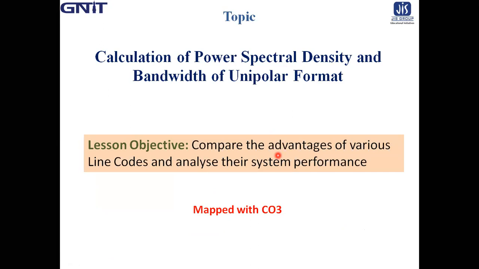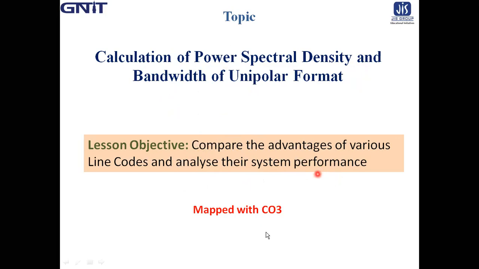Today, we discuss the calculation of power spectral density and bandwidth of unipolar format. The lesson objective of today's topic is to compare the advantages of various line codes and analyze their system performance.